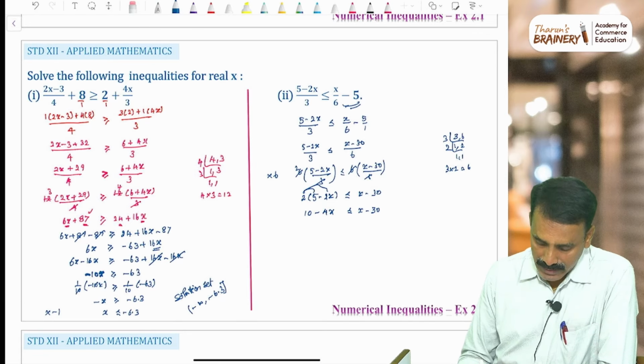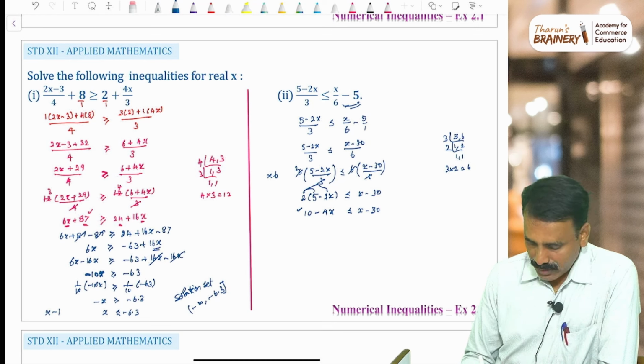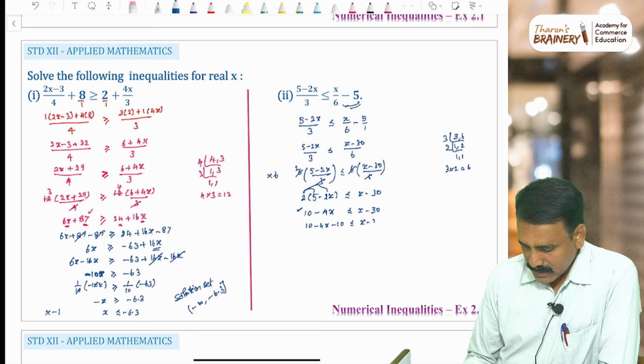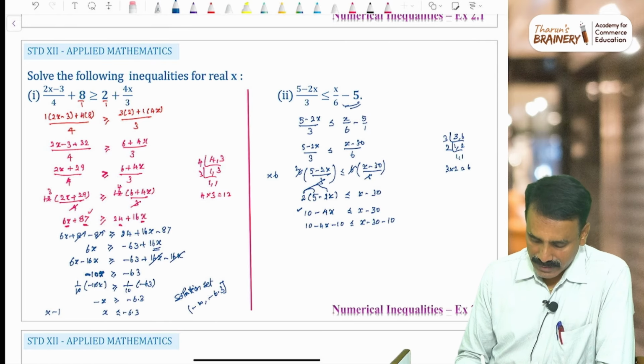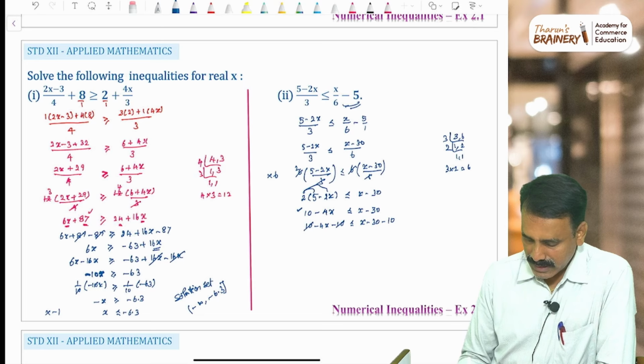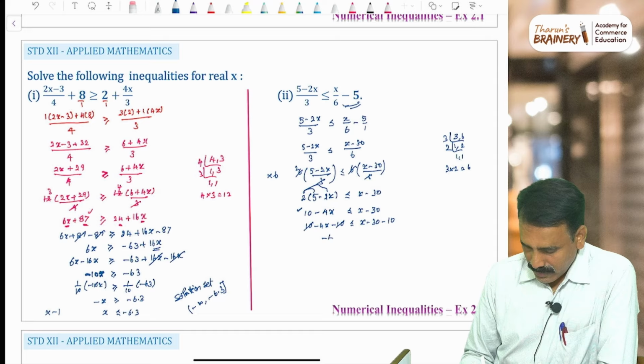First we try to eliminate this 10 on the left hand side. How to remove the 10? 10 minus 4x minus 10 less than or equal to x minus 30 minus 10. Add the additive inverse of 10, that is minus 10. So minus 10 cancels. So minus 4x is less than or equal to x minus 40.